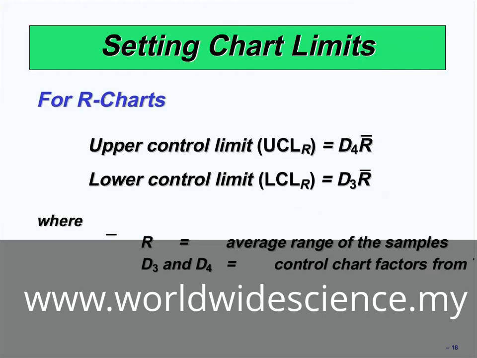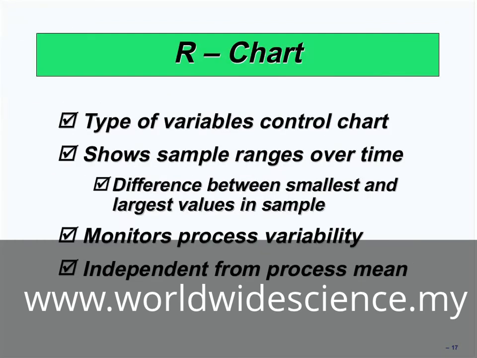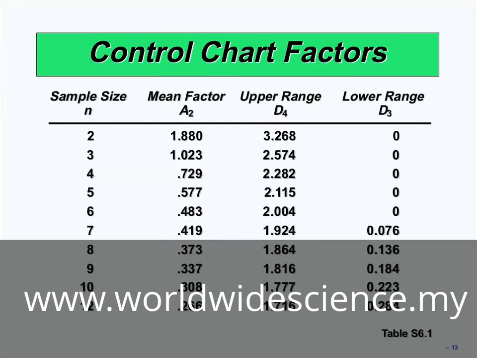D3 and D4 should be taken from this table. Based on the sample size, you can find D4 and D3. D4 is the upper range and D3 is called the lower range.